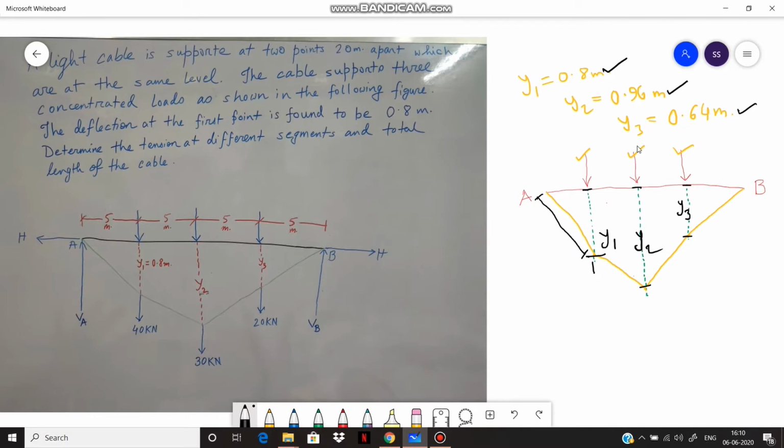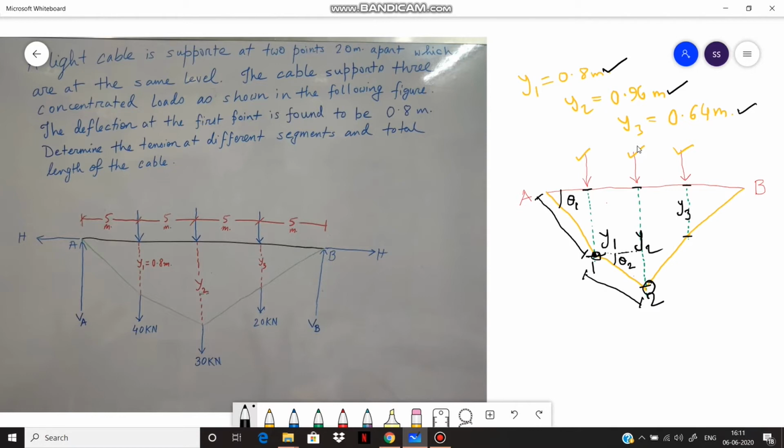The inclination of segment A1 we take as theta 1, and the inclination of segment 1 2, that is from here and here, we take as theta 2.